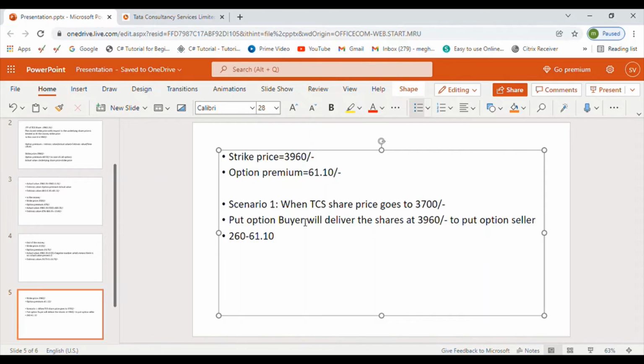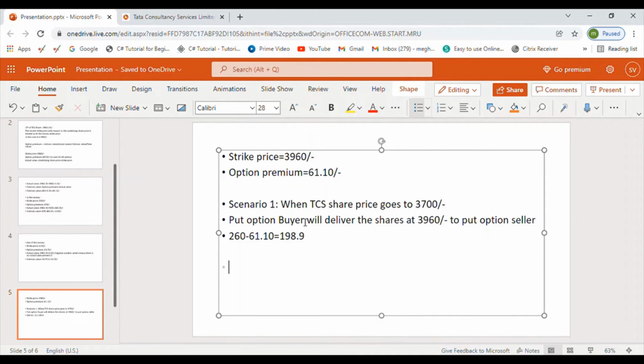So ideally he was making 198 rupees 90 paise on each share, which is a lot of money. So here the put option buyer benefits by selling the TCS share at a higher price than what it is trading at in the cash market.